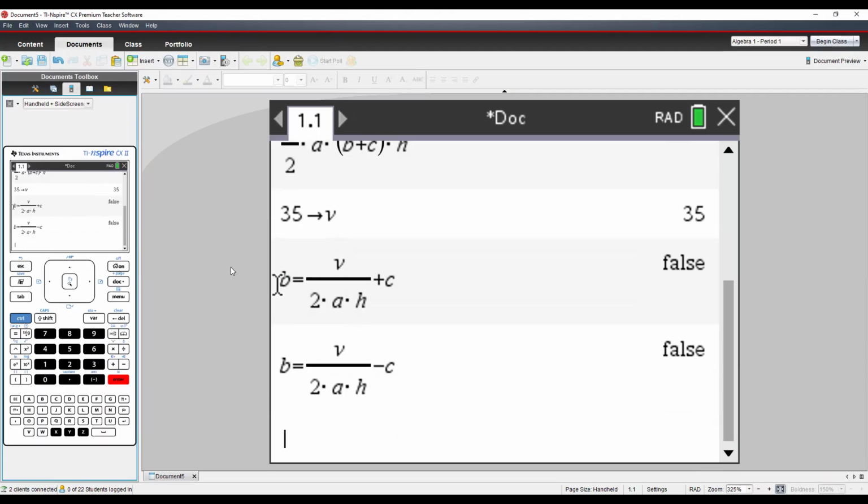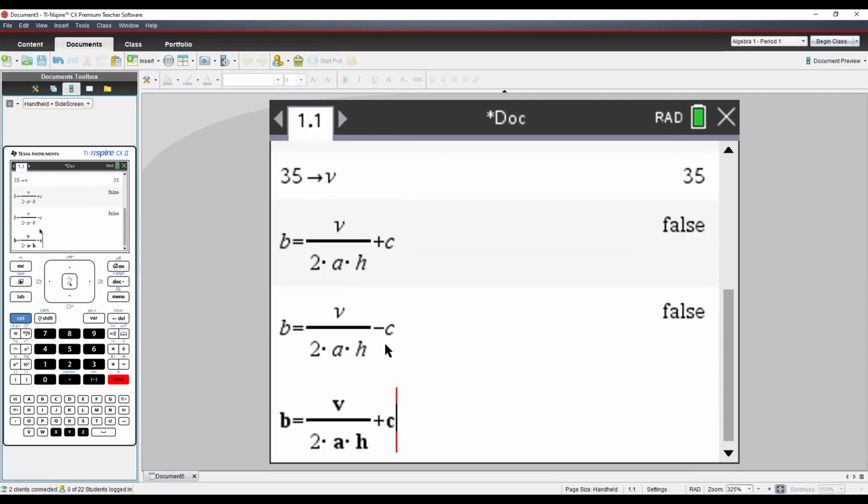So let's keep going. I'm going to copy this one. And what are the changes? This should be 2V, and this should be 2V. And down here, this 2 right here should be gone.